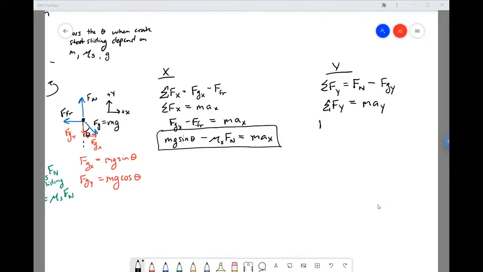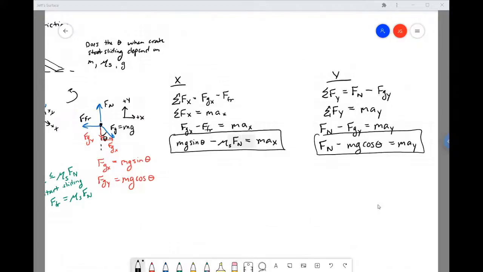So, normal force minus the force of gravity in the y direction equals mass times acceleration in the y direction. And the force of gravity in the y direction is the weight of the crate times cosine of the angle of incline. Let me box that equation up.